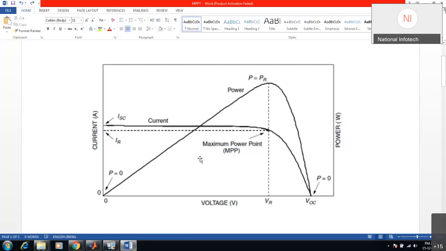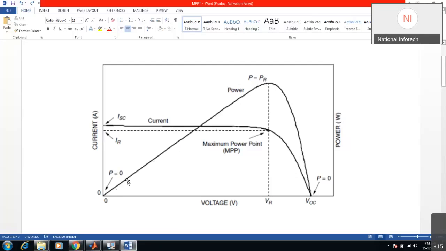In order to do that, there are some MPPT techniques developed, like perturb and observe, incremental conductance, three point tracking, etc. The main aim is that we want to extract all the power available at any given time.